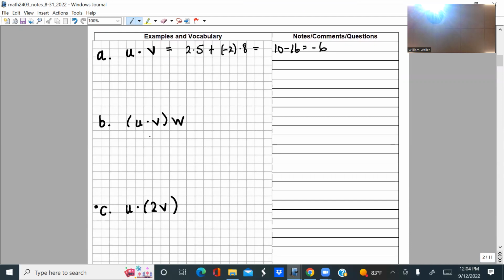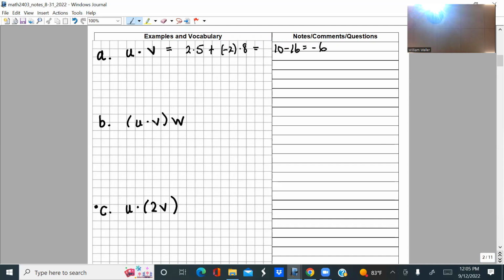So here we're taking u dot v, and then notice I don't have an operation there, so that would be understood to be multiplication. I have something multiplying times w. But what sort of product is this going to be?